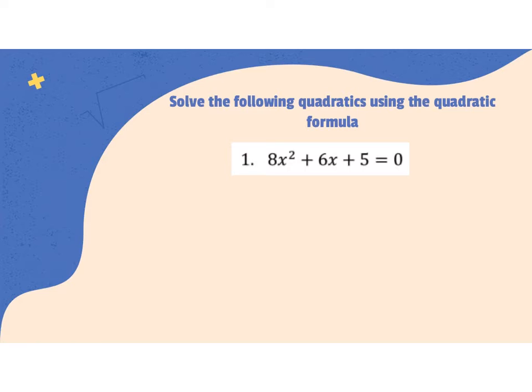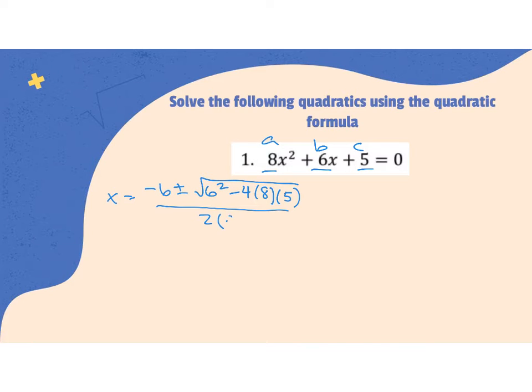If I plug these into the quadratic formula, here's my A, my B, and my C. I'm going to plug them in just like I did yesterday. I have x equals the opposite of B plus or minus the square root of B squared minus 4 times A times C, all over 2 times A. When I work on solving that, I start under the radical first.